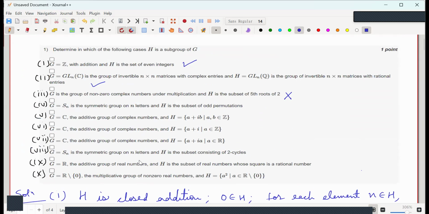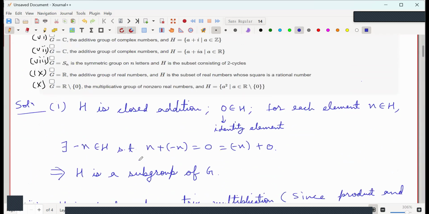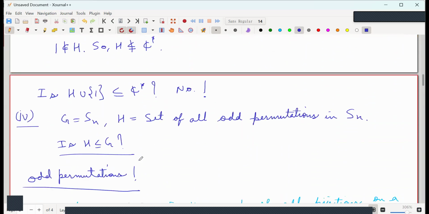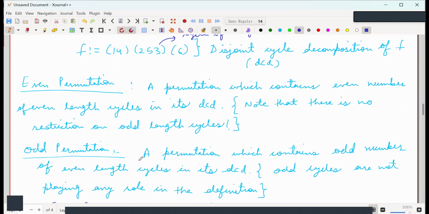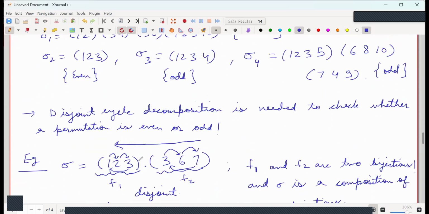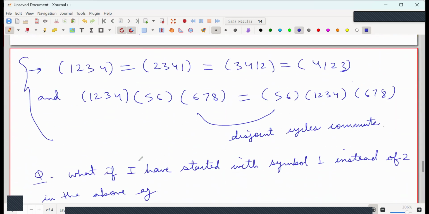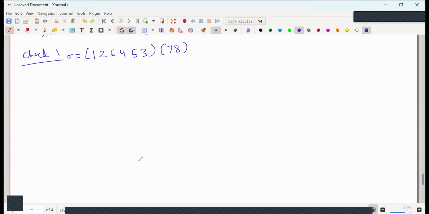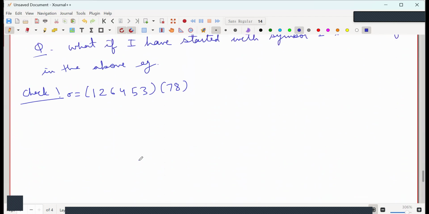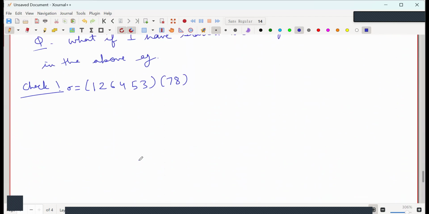So it says if Sn is a symmetric group on n letters and H is a subset of odd permutations, is H a subgroup of Sn? Again, the identity doesn't belong to it. Very good. The simplest way to discard an example is to check whether the identity is there or not.